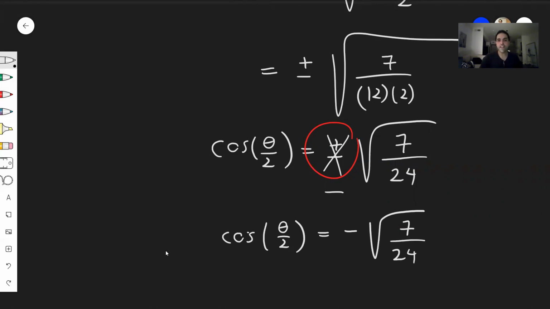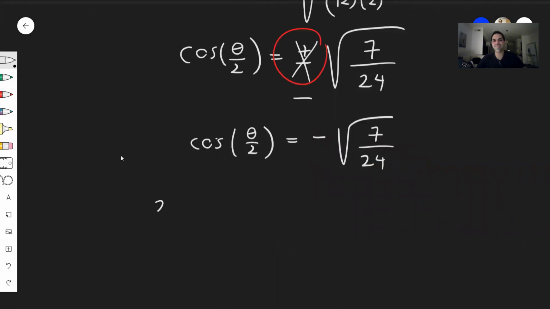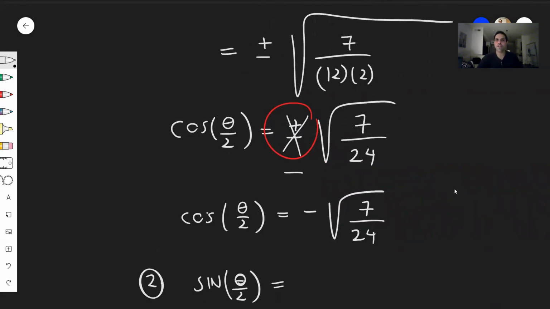All right, good. And then, of course, the next question is, what is sine of theta over 2? Well, it turns out there's a similar formula which I believe is just the same thing, but with minus. Let me just double check.